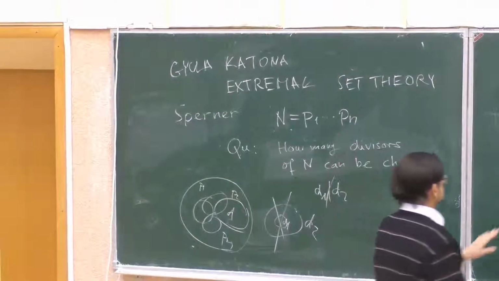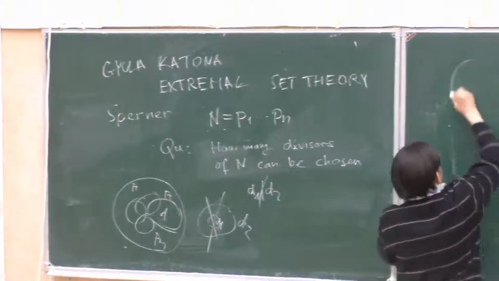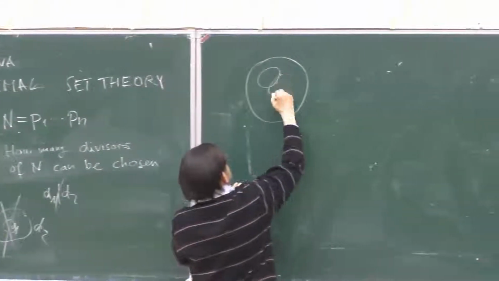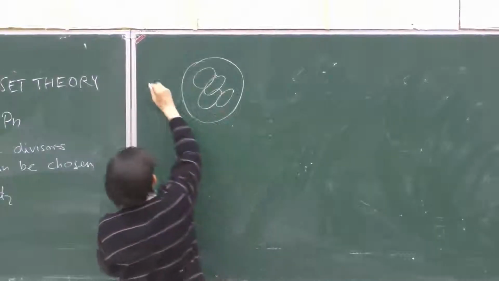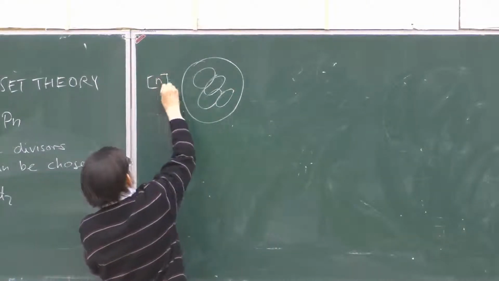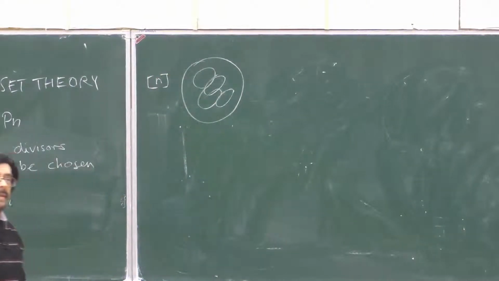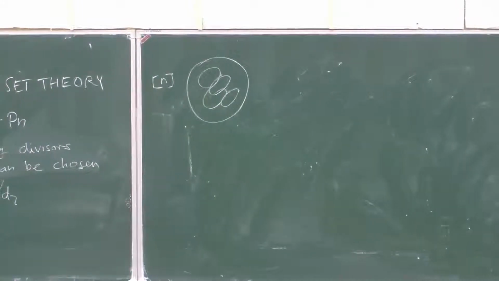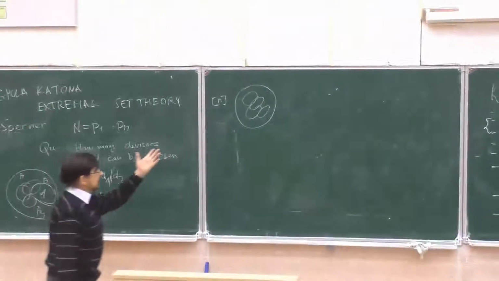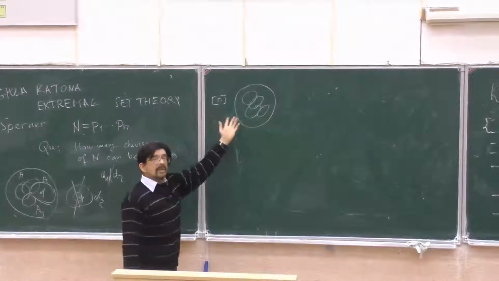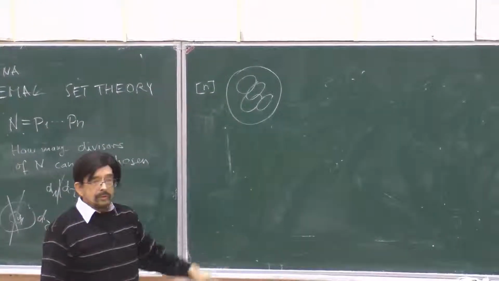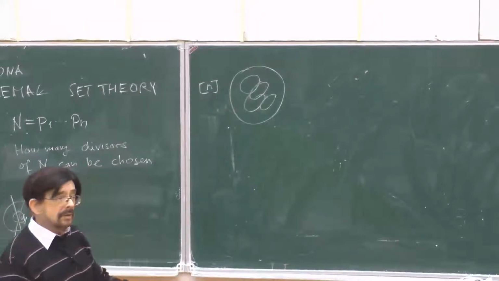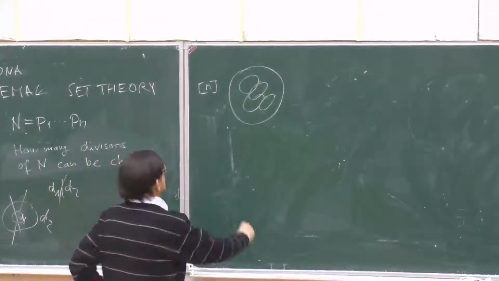So this is the question: the maximum number. I will always denote an n-element set in this way, which actually means ordered, but I will not use the fact that it's ordered. It's only an n-element set.